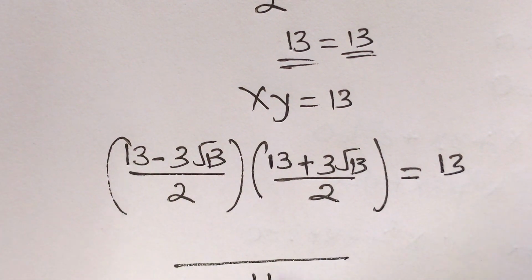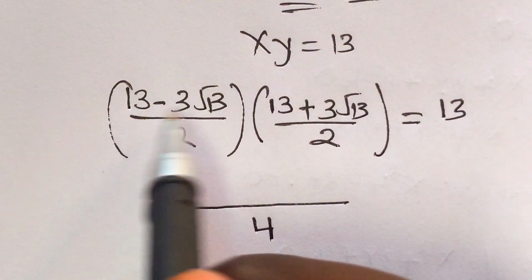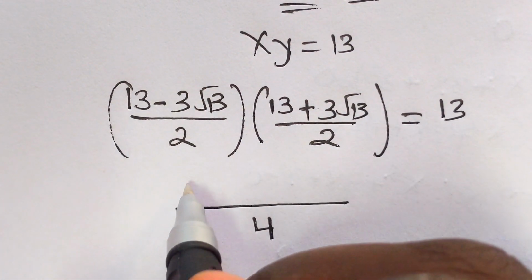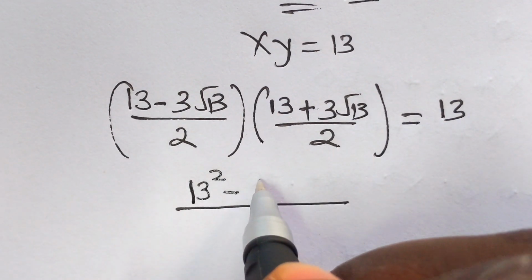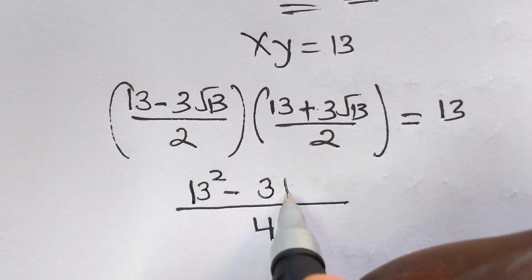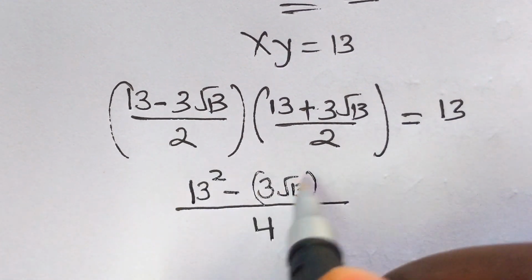Down here we have 4, and this is a difference of two squares, where we have 13 squared minus 3 square root of 13 squared.